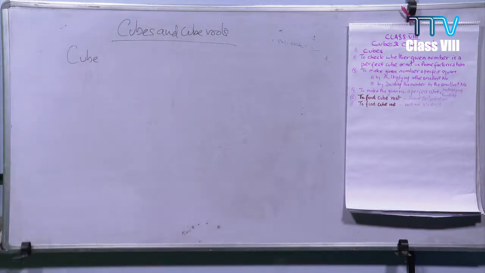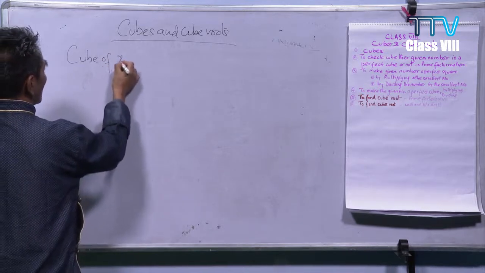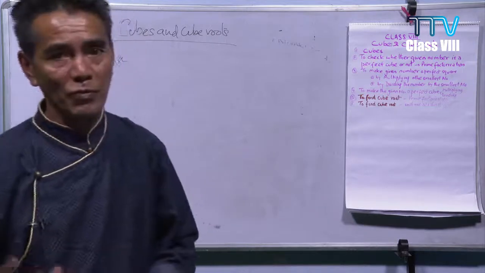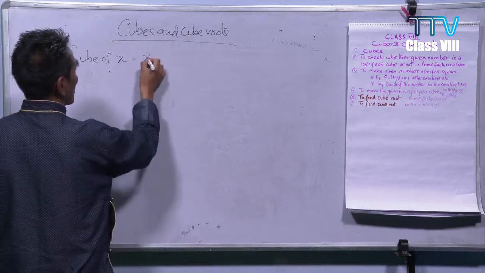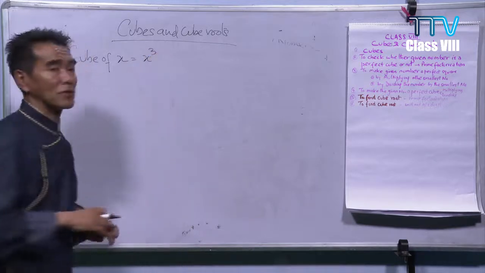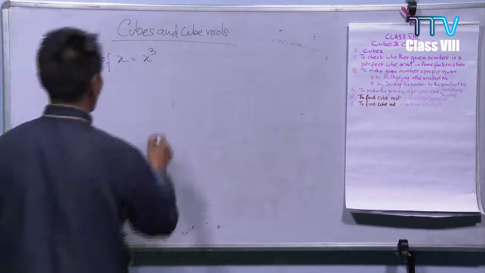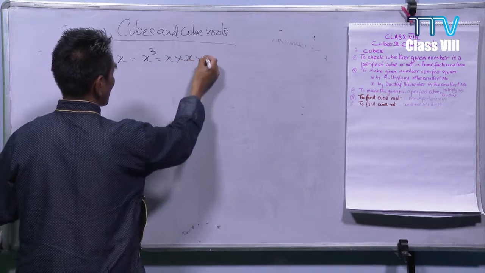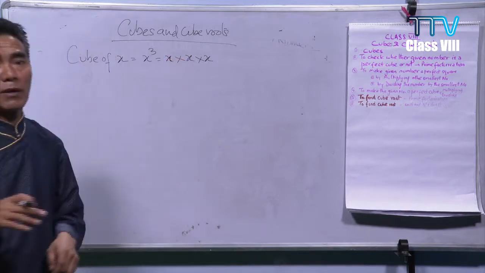So the cubes and cube root. The cube of x. Understand? That was exponential. We had learned exponential a few weeks before. The cube of x is x raised to power 3. And x raised to power 3 means x multiplied by x multiplied by x.